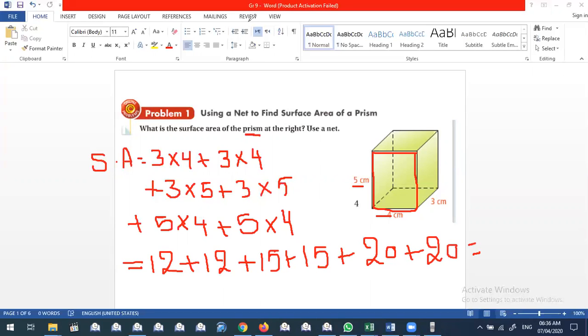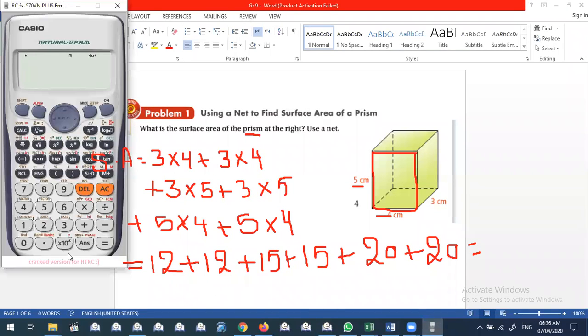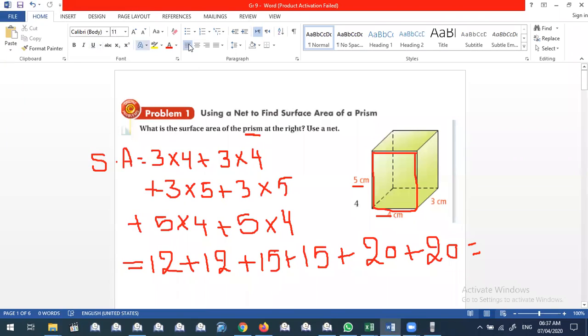Let's find its answer. 12 plus 12 plus 15 plus 15 plus 20 plus 20 equals 94. So the final answer is 94 square centimeters.